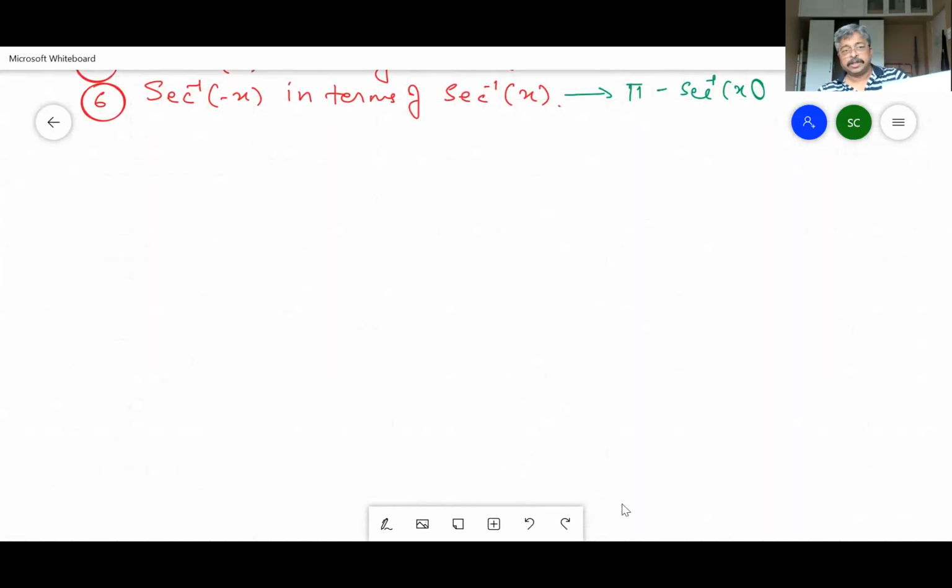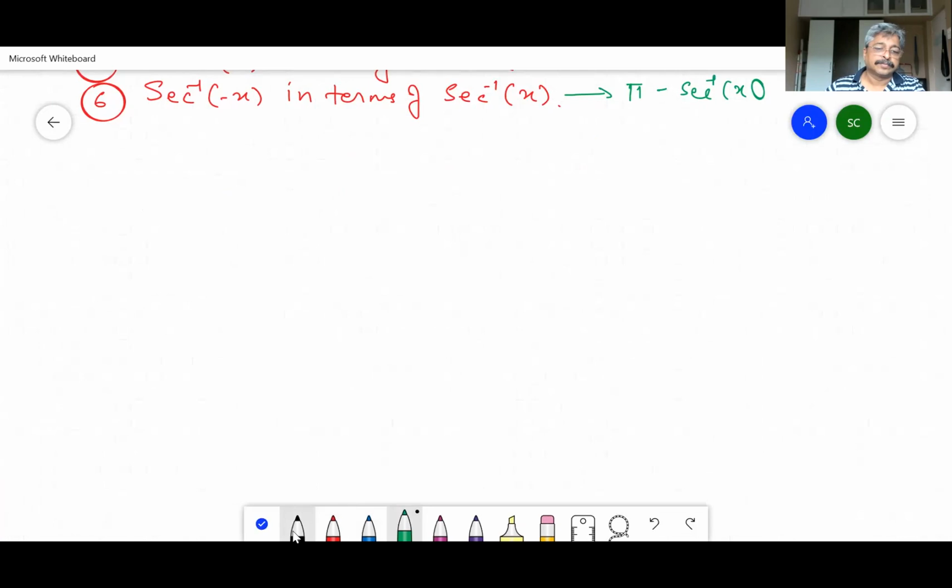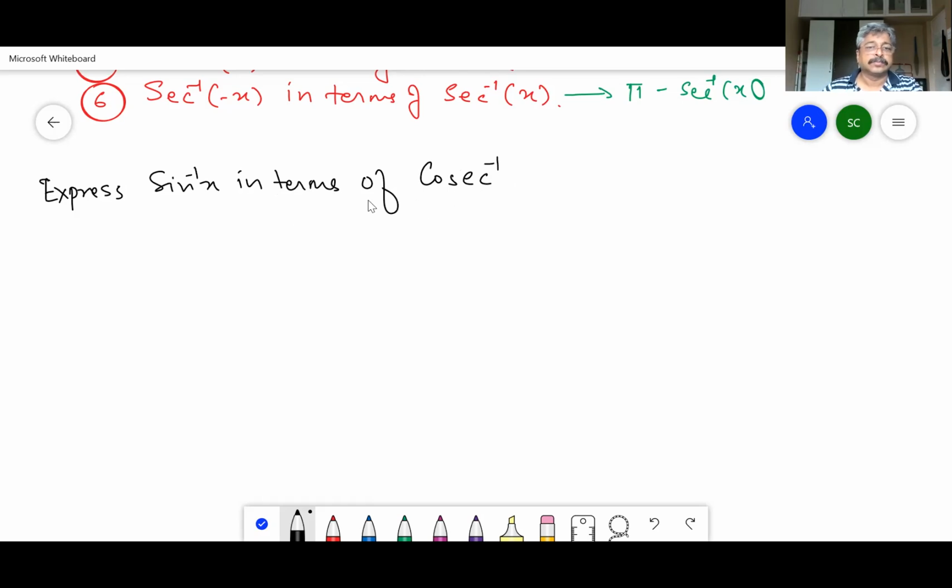Next problem is express sin inverse x in terms of cosec inverse.